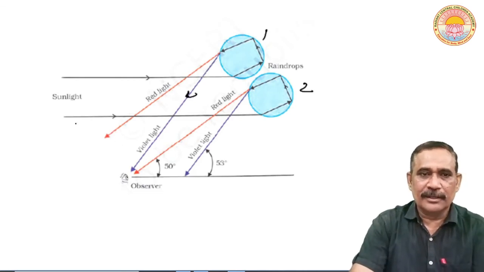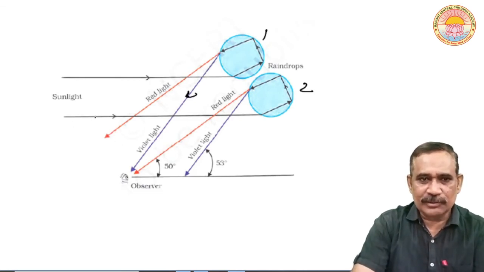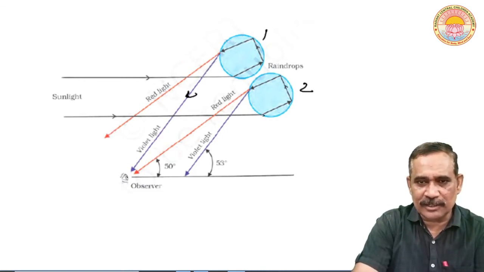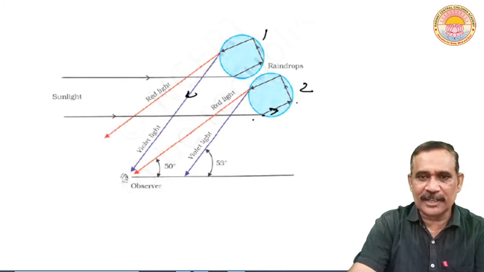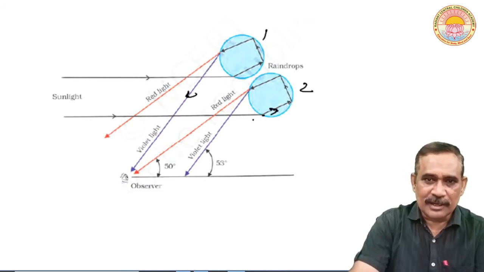Now the second water drop, the light is incident on the second water drop. First it is incident at the surface of this water drop, and it goes from one medium to another, so it undergoes the refraction process. Again it is incident at this point. From here it follows the law of reflection.